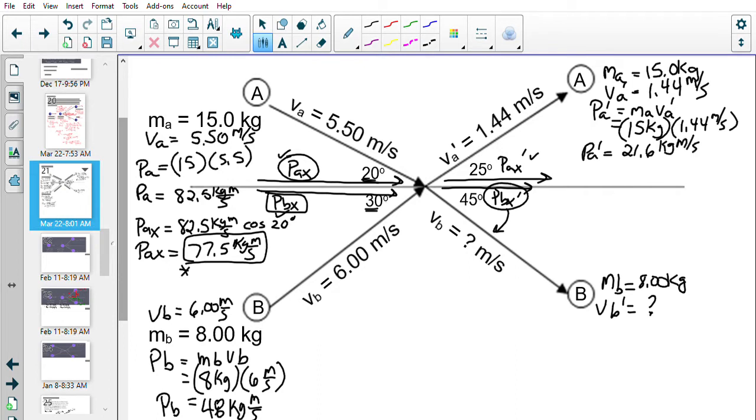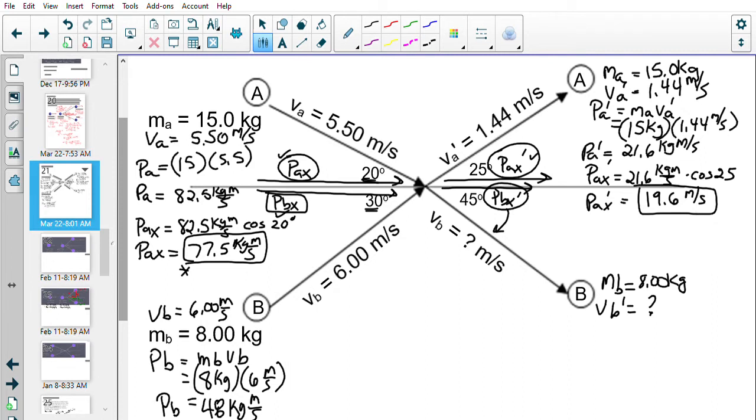That doesn't help me because I need PAX prime. So to get the x component of that, I multiply the 21.6 kilogram meter per second times the cos of 25, and therefore my x prime comes out to 19.6 meters per second.